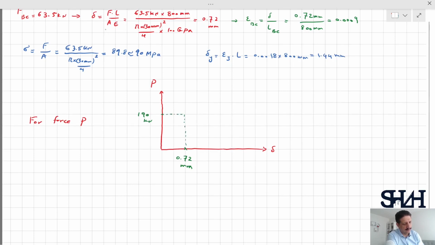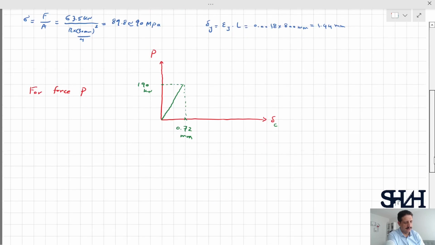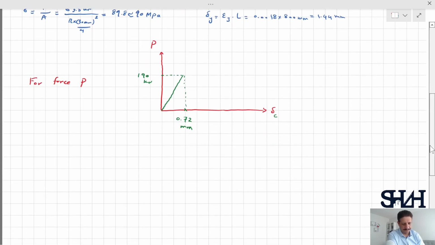These are not scaled, and this is deformation at point C. Now we are going to increase the load to see what would happen.